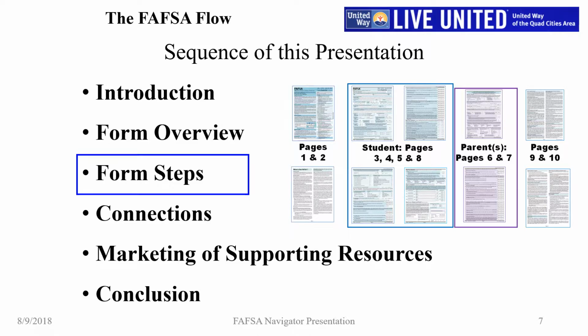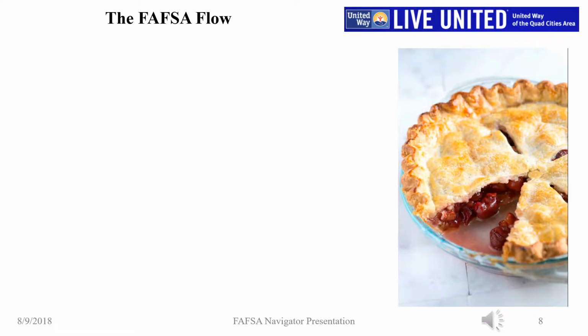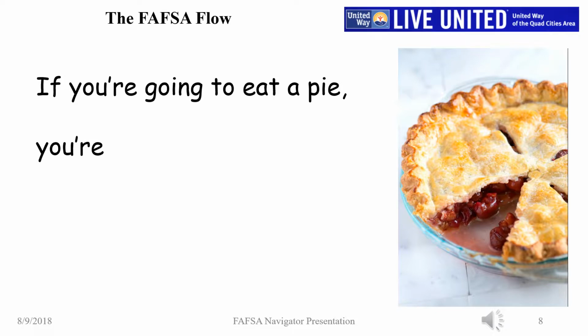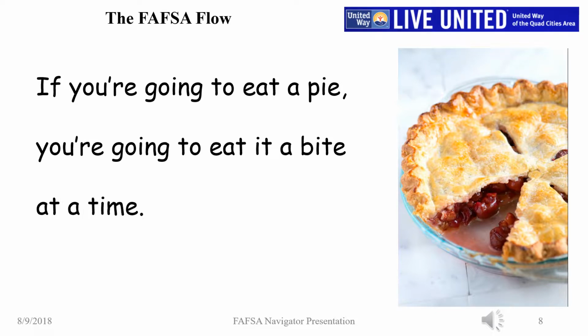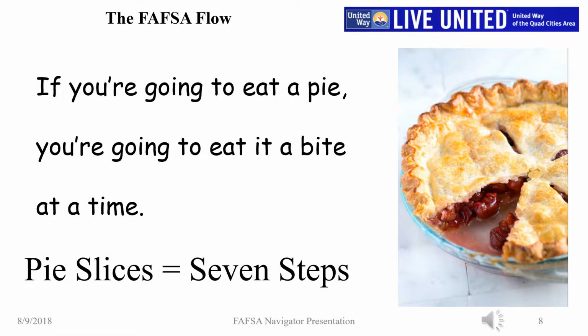Now that we're getting acclimated to the flow of the FAFSA, let's dive a little deeper into the potential 6 pages to be filled out. If you're going to eat a pie, you're going to eat it a bite at a time. Pies come in slices. Our pie has 7 slices or steps.